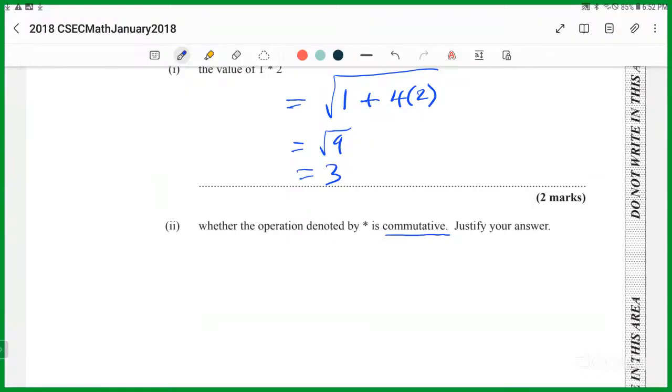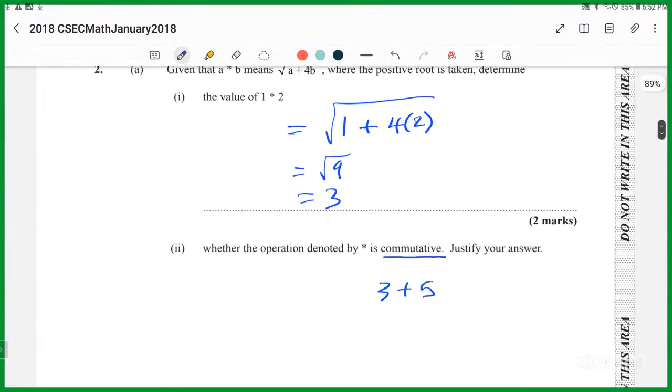So for example, if we add 3 plus 5, it's going to be equal to 8. And if you switch around these two values and add them the other way, 5 plus 3, we're still going to get 8. And this is addition. And so we say the addition operation is commutative because when you reverse the order, the result is the same.